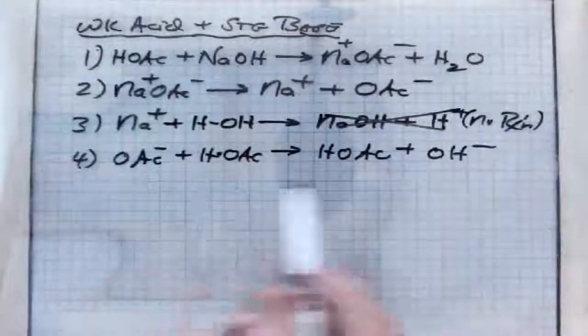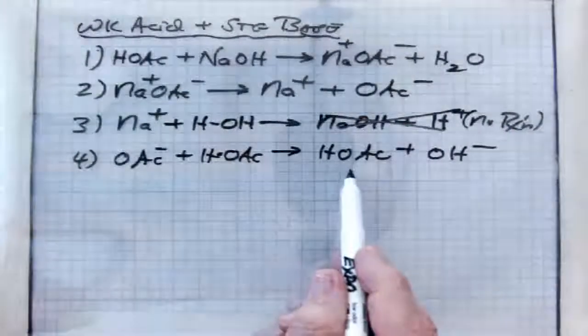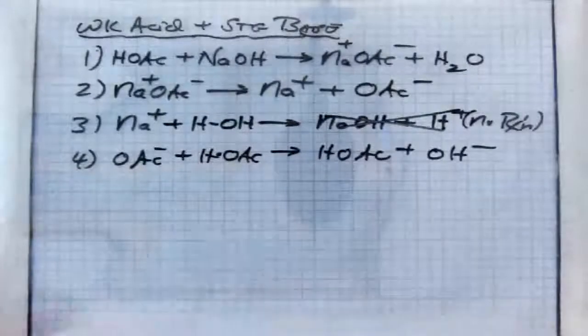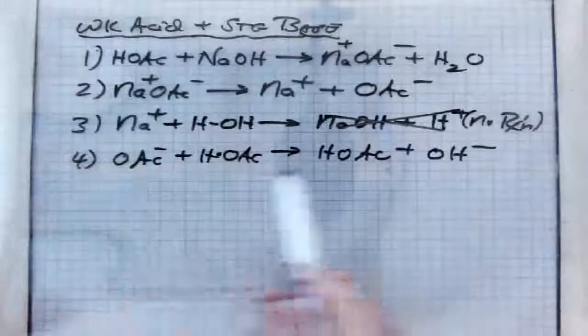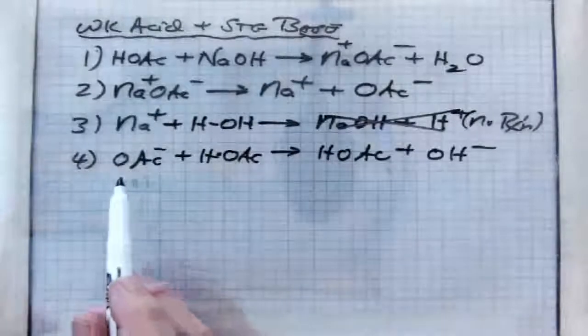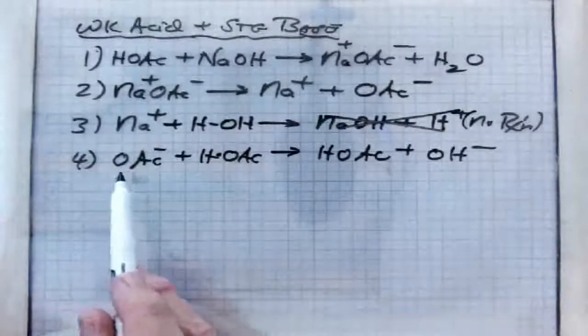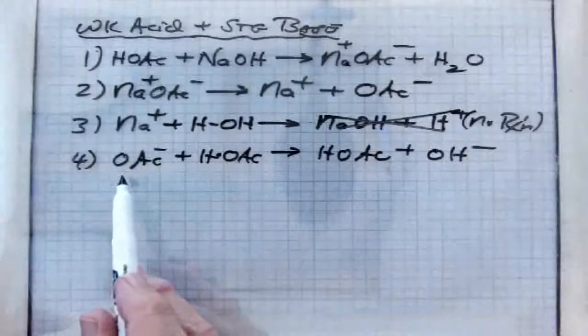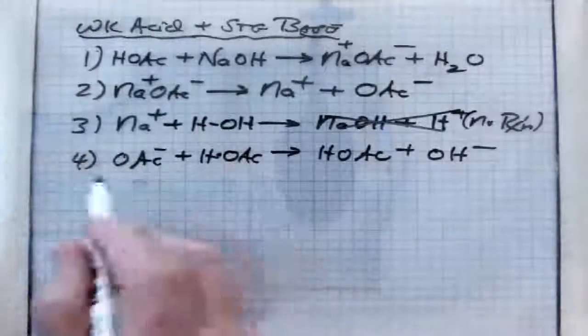In the analysis, we ignore the water and calculate what the acetic acid and hydroxide concentrations are, and then when we get the hydroxide, we can get the pH at the equivalence point.